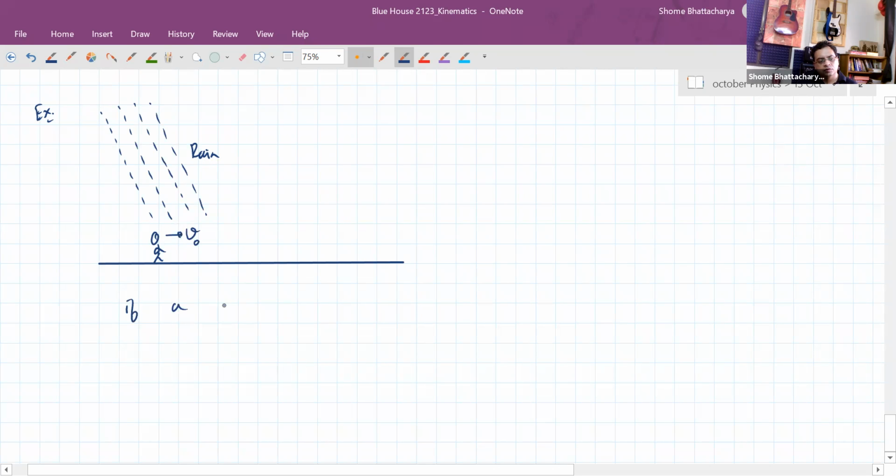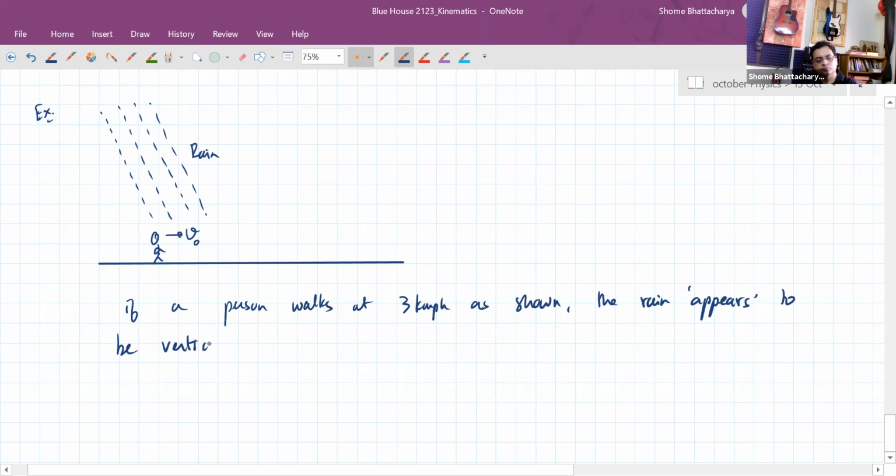So if a person walks at 3 kilometers per hour as shown, the rain appears to be vertical with respect to him or her.